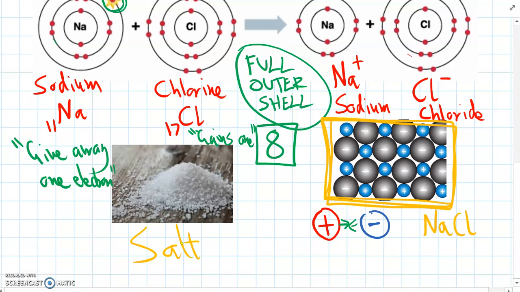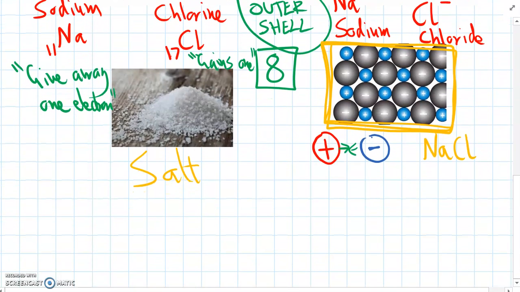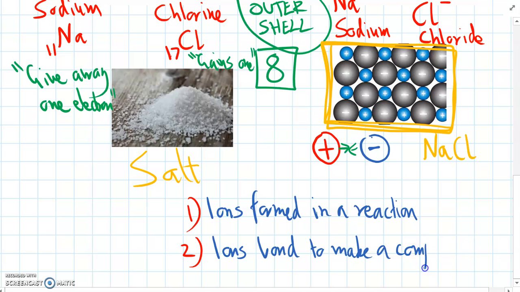So ions are formed in a reaction, and then they join together with chemical bonds. The ions bond to make a compound.